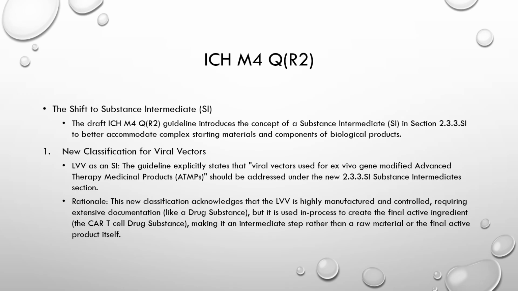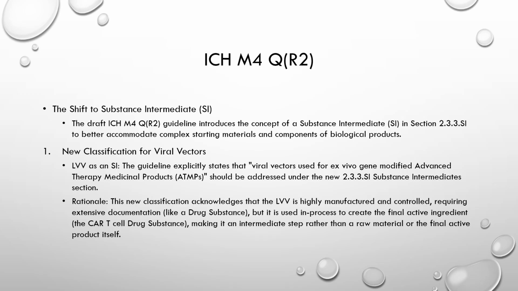In terms of the control of materials, or critical starting materials, this shifts from the S2.3 to a separate substance intermediate. Now, this is a draft guideline at the moment. The draft ICH M4Q guideline introduces the concept of a substance intermediate.